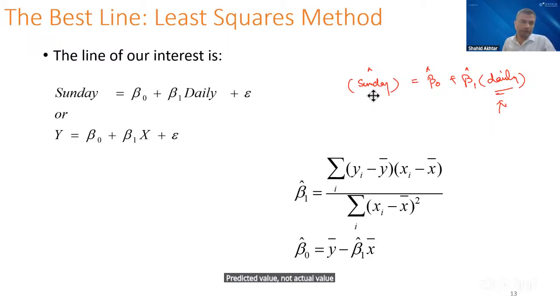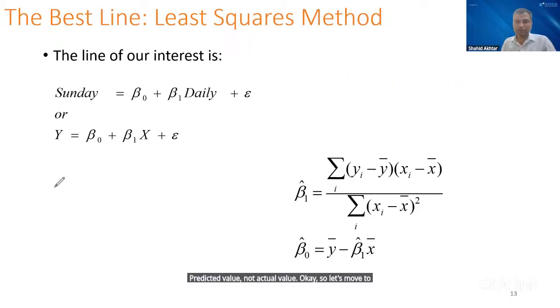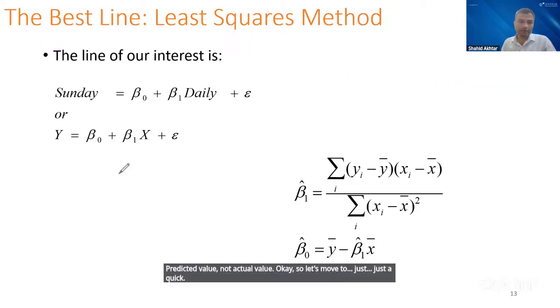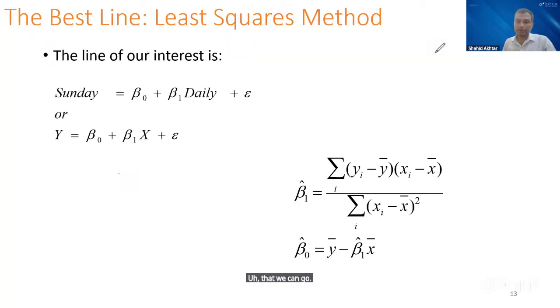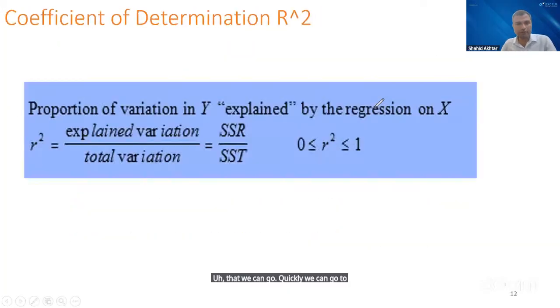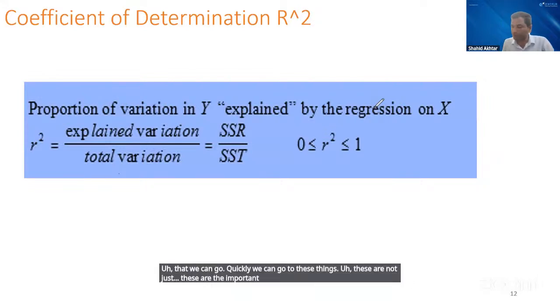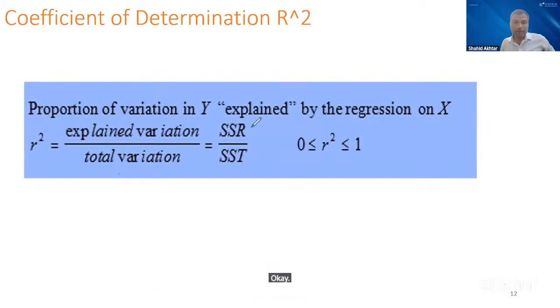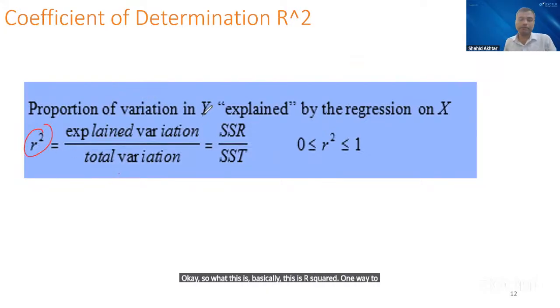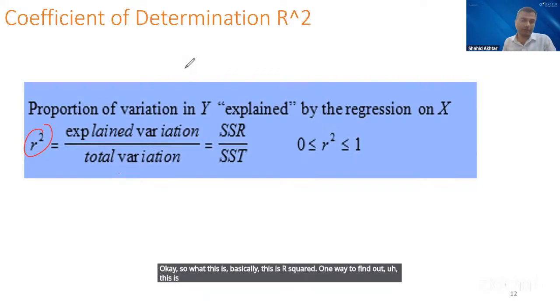Let's move quickly to these things. These are important, but we don't have too much time to go into the detail. This is very important, so I'm taking this one. This is basically R square, one way to find out accuracy.